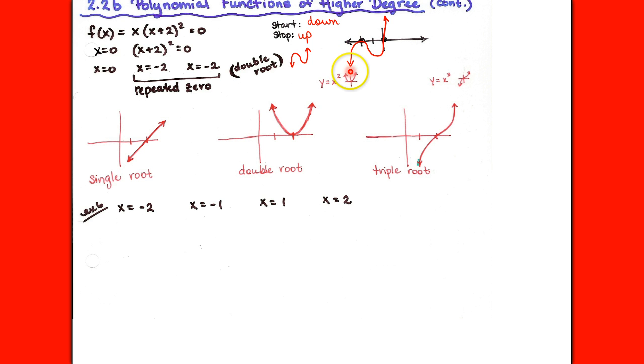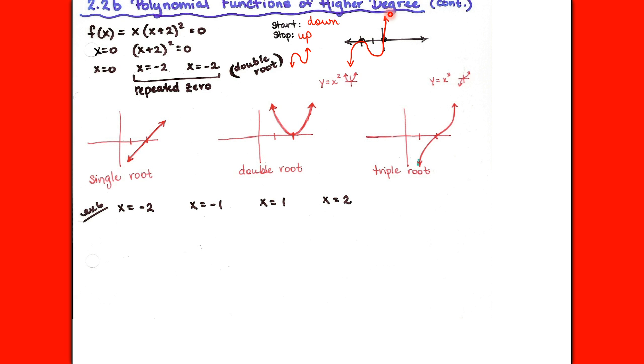If I had a single root, it's like I would be coming up and going straight through that single root. But then I have a second root there, so I've got to turn around and come back down through that same root. And so the way that we indicate that is that we turn on that root when I have a double root. And then I could turn around and come right back up through that single root at 0. That's what that graph looks like.